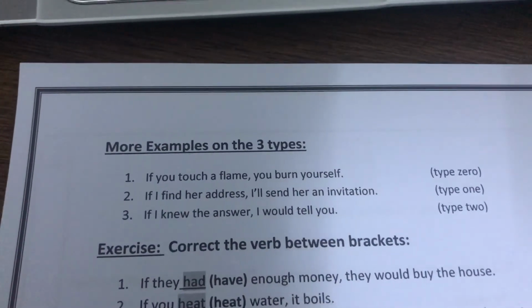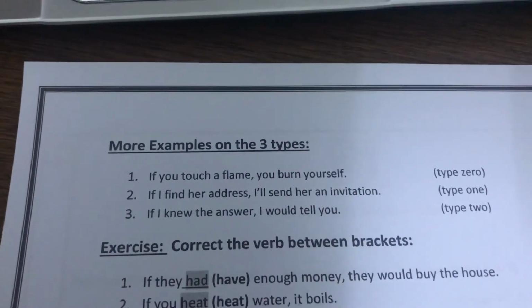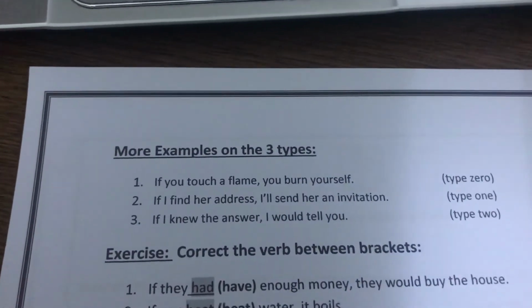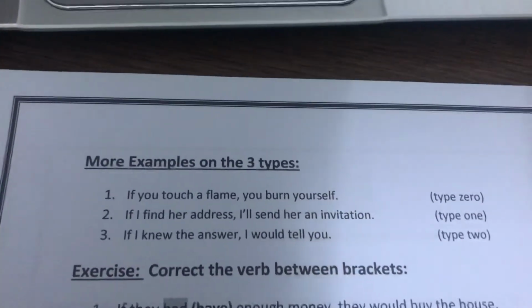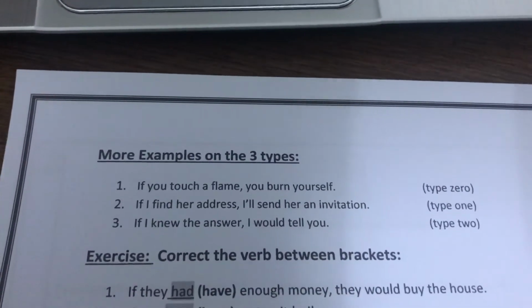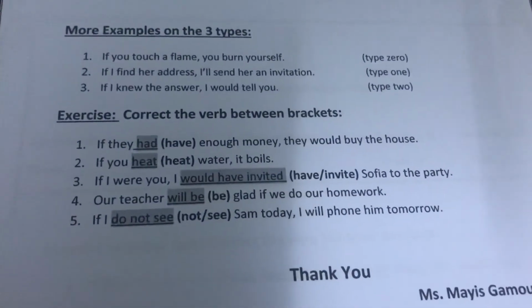And if I knew the answer, I would tell you. That means I don't know the answer, so this is impossible to do, which is type 2 in the conditional clauses.